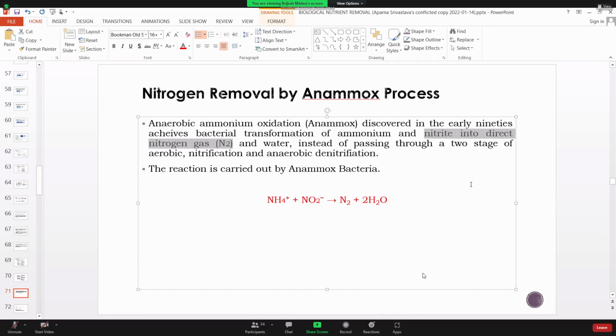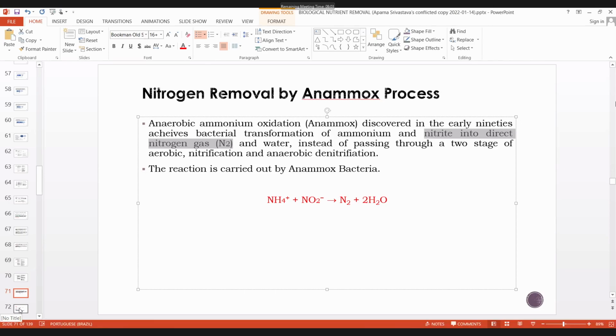One thing is this. Here, denitrification is not going to occur. Without denitrification, we are able to convert nitrite to nitrogen gas, and because of that, an external source of carbon is not required.